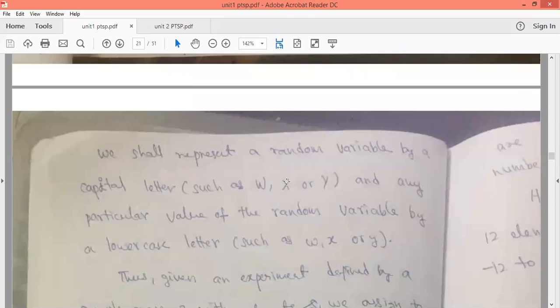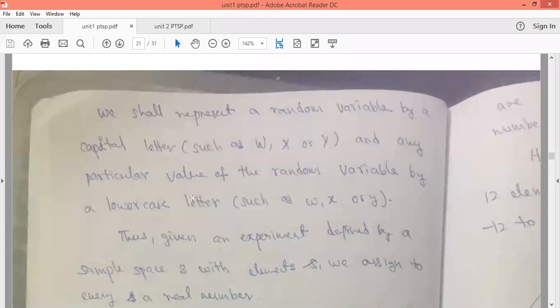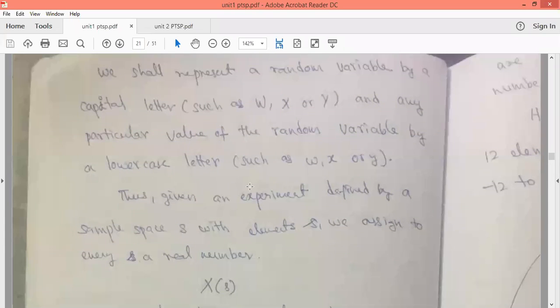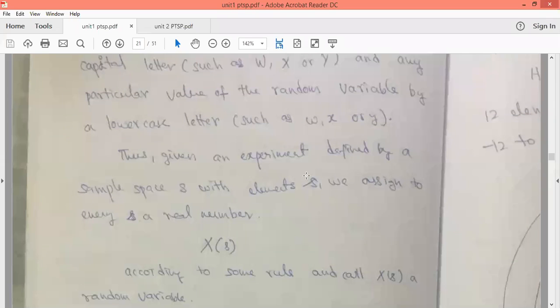We define the random variable by capital letters, and the values it takes we denote with lower-case letters. For example, we conduct an experiment and denote all possible outcomes in the sample space. Capital S is used to represent the sample space, with the elements being small s.